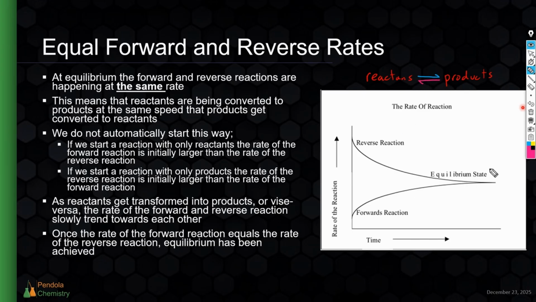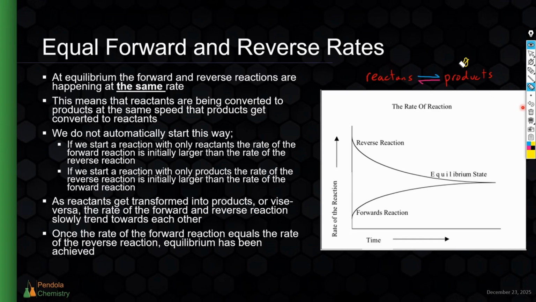If we look at this graph right here, we can actually start the reaction from either direction. We can start with a lot of reactants, let's say 100% of the chemicals are reactants and 0% are products, so the forward reaction happens first.